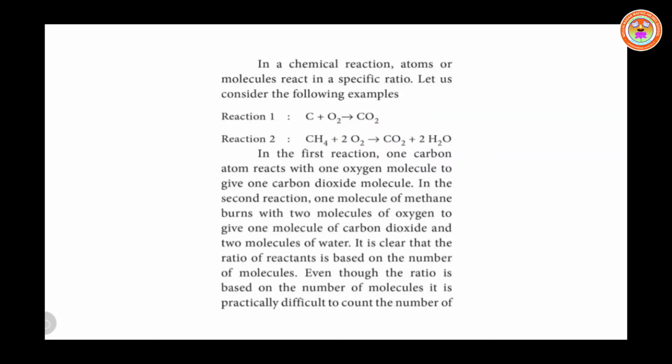In the second reaction, one molecule of methane reacts with two molecules of oxygen and gives one molecule of carbon dioxide and two molecules of water. So it is clear that the ratio of reactants is based on the number of molecules.